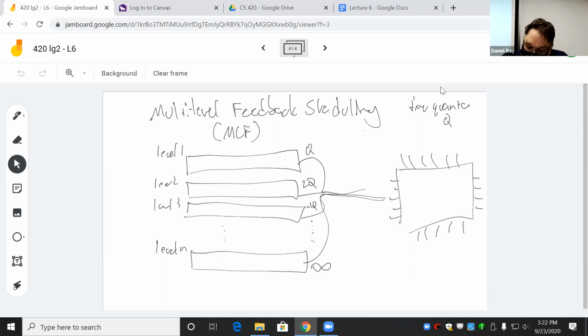If there's some poor guy down there that doesn't ever expect to be able to run until all of these higher priority processes above him are finished, at least when he gets the processor, he's guaranteed to be able to finish and not have to go back into the lowest level again. So already this helps address the problem with starvation from multi-level feedback. Does that make sense?